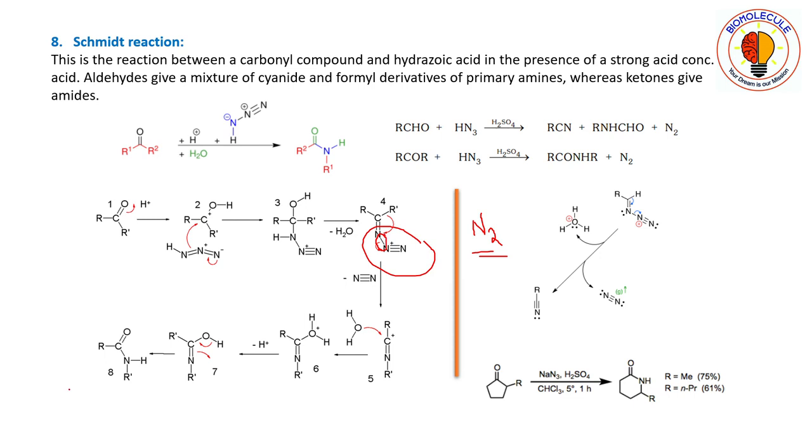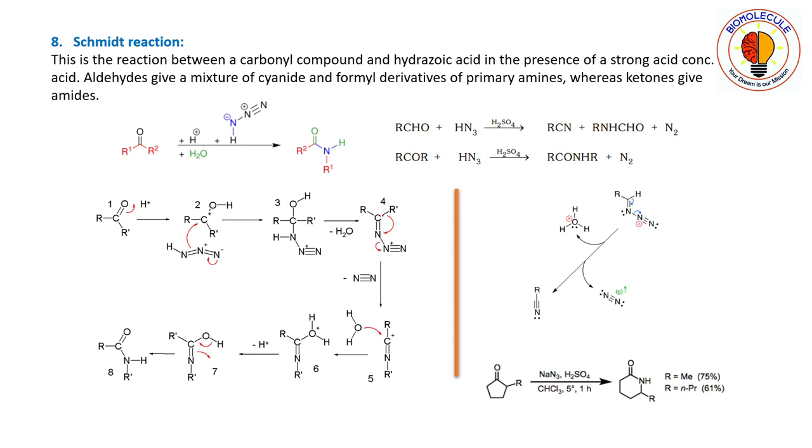So it acts as a very good leaving group. This nitrogen atom neutralizes its charge by taking this bond, and thus it becomes neutral N2, neutral nitrogen gas. And how does this happen?